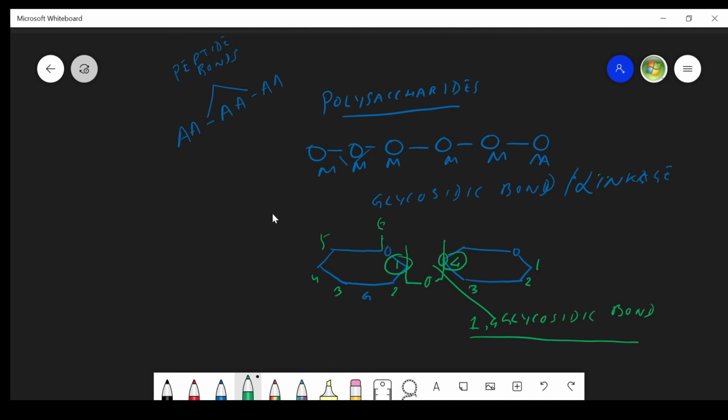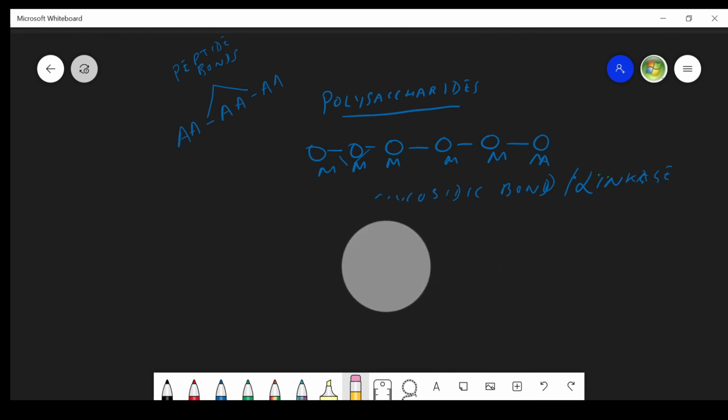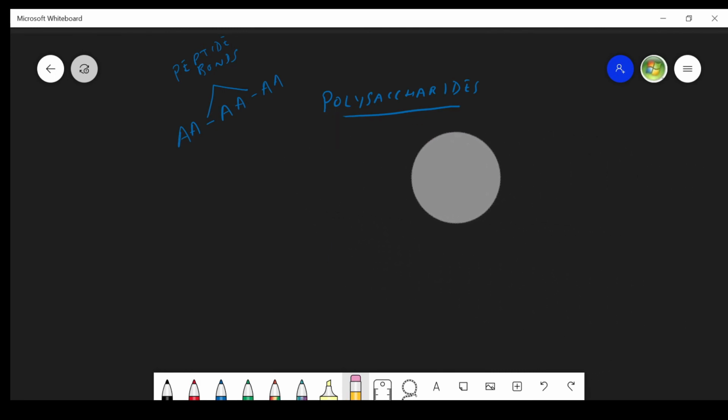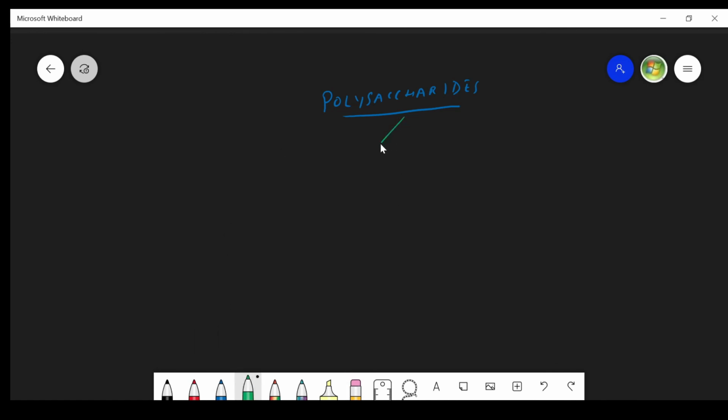Now the polysaccharides can again be divided further. Polysaccharides can be divided into two categories.